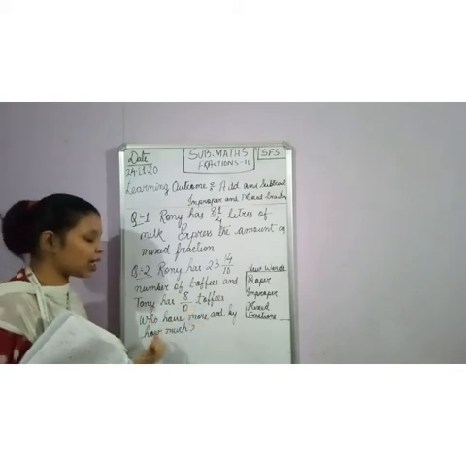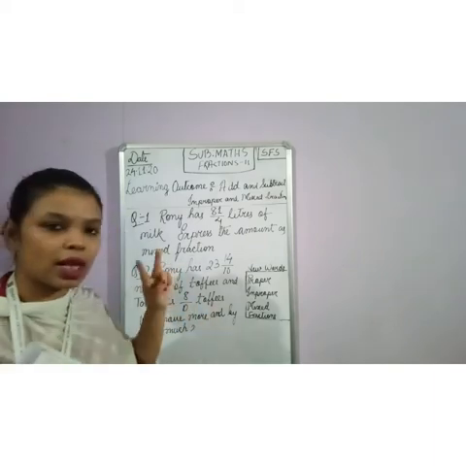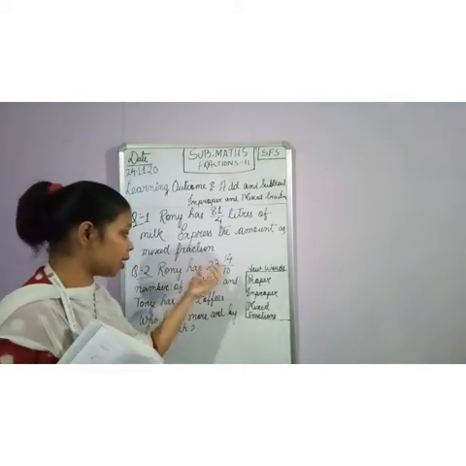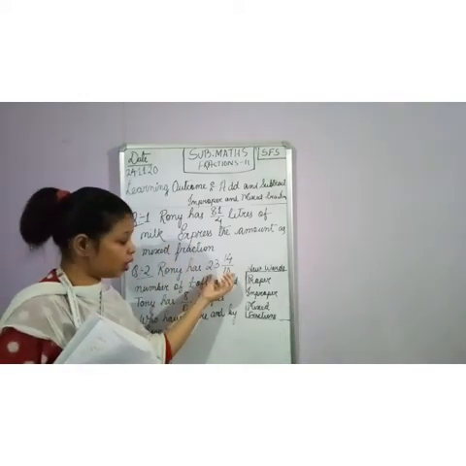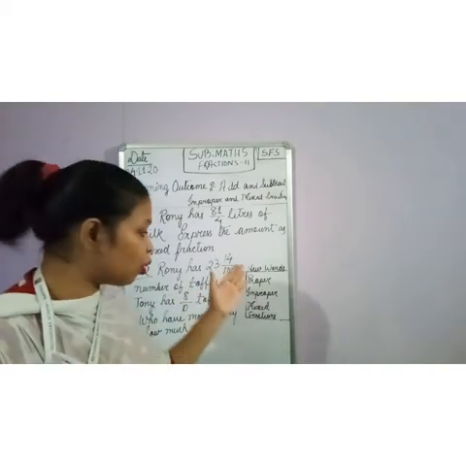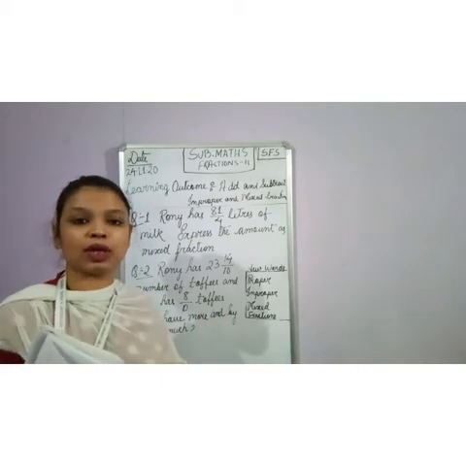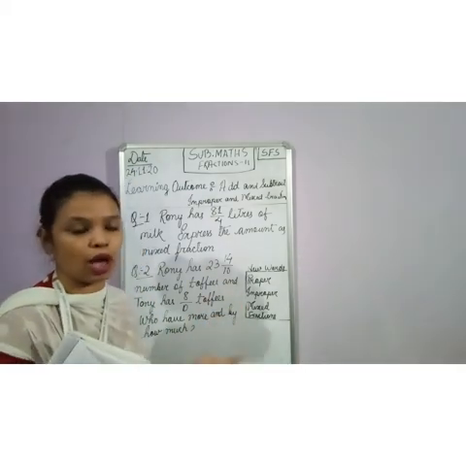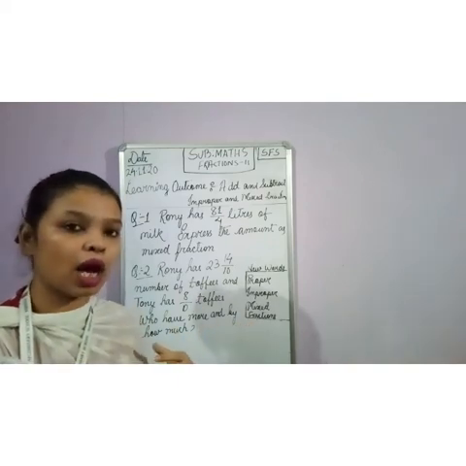Who has more and by how much? Now here two answers are there. First you have to compare. How to compare? Both will be like fractions, so we consider the numerator. And then by how much.